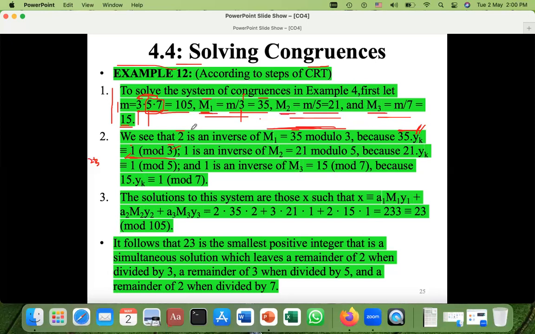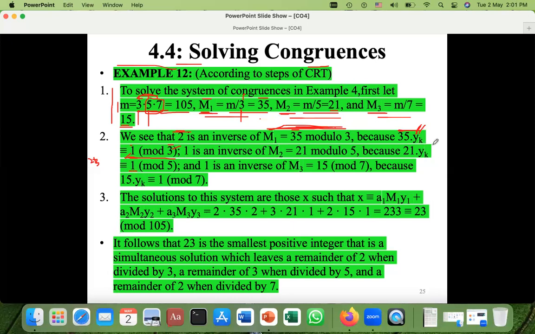So 2 is the inverse for that one, and similarly for m2, which is 21 modulo 5, using the same concept as I discussed for m1, write it in this equation form: 21.yk is equal to 1 mod 5. We have started with 1. When you keep 1 here, 21, when you divide it by 5, for the 20, you have 1 as the remainder.